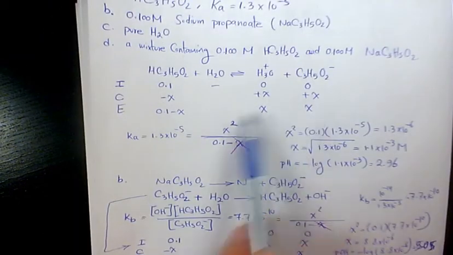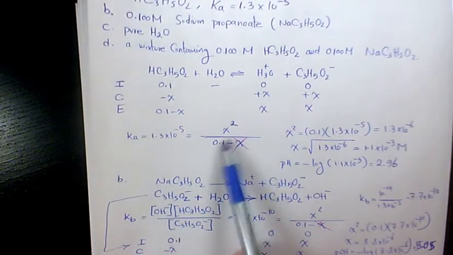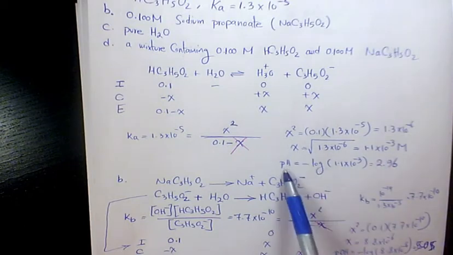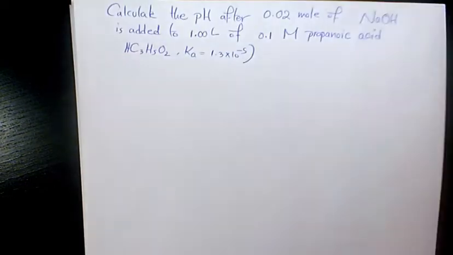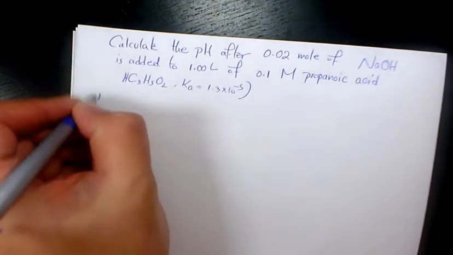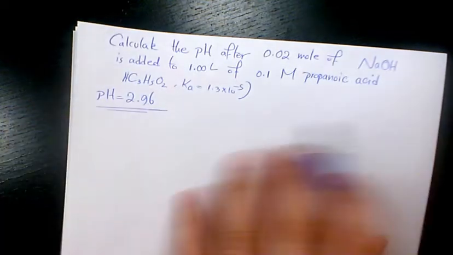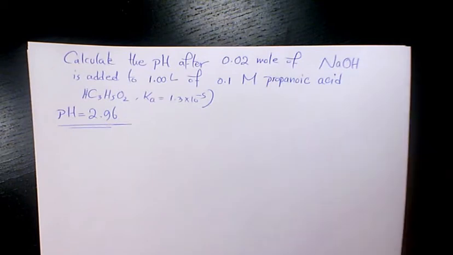X times x divided by 0.1 minus x equals the Ka value, which is given, and with simplification we can find x, and then based on that we can find pH. So pH was 2.96 before addition. Now let's see what's going to happen when we add 0.02 moles of NaOH.